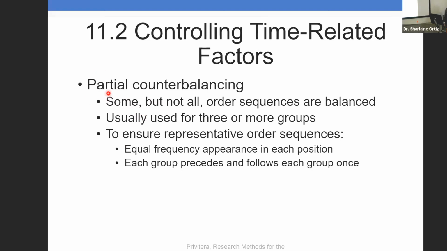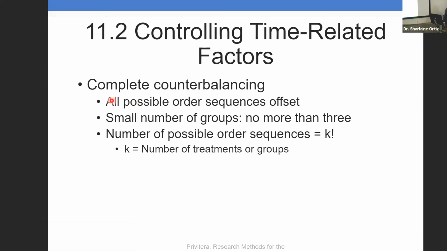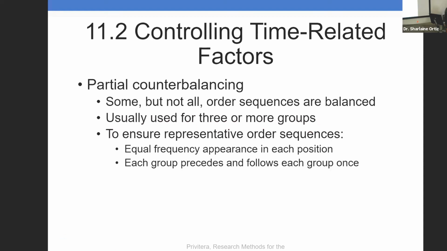Contrary to complete counterbalancing, in which I calculate all the possible combinations, just like all the combinations of shuffling a deck of cards, here we were only doing it with a small number. However, with partial counterbalancing, because I'm only looking at some of those order sequences, I can use it for more groups, so 3 or more groups.